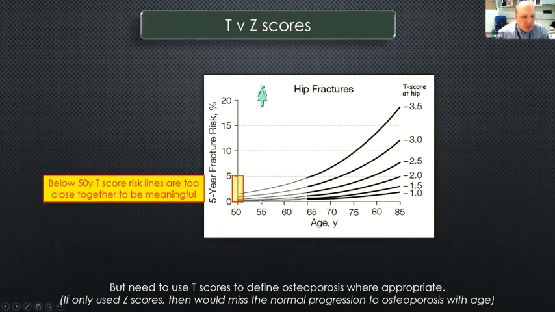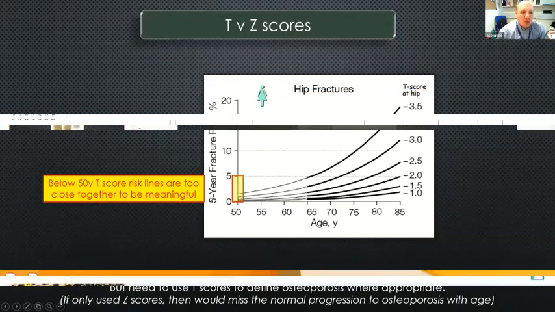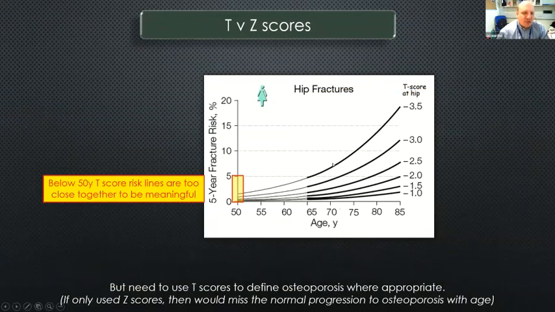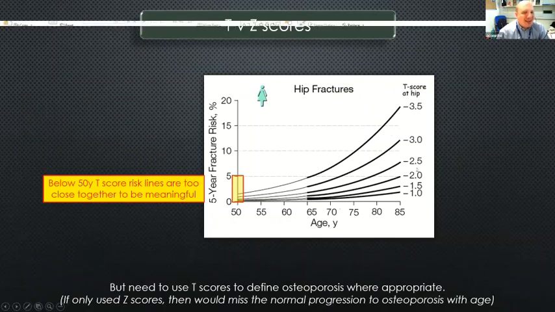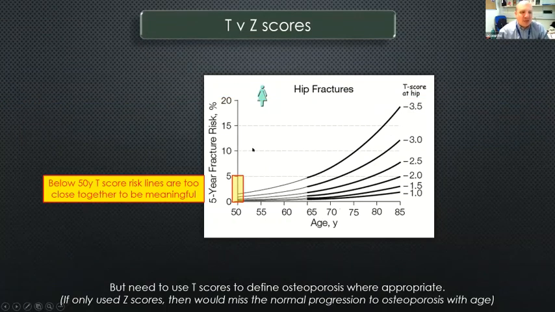But if you go backwards, before 50, these lines all merge into one. And so the difference between different T-scores has very little impact on the actual fracture risk because they all converge together.